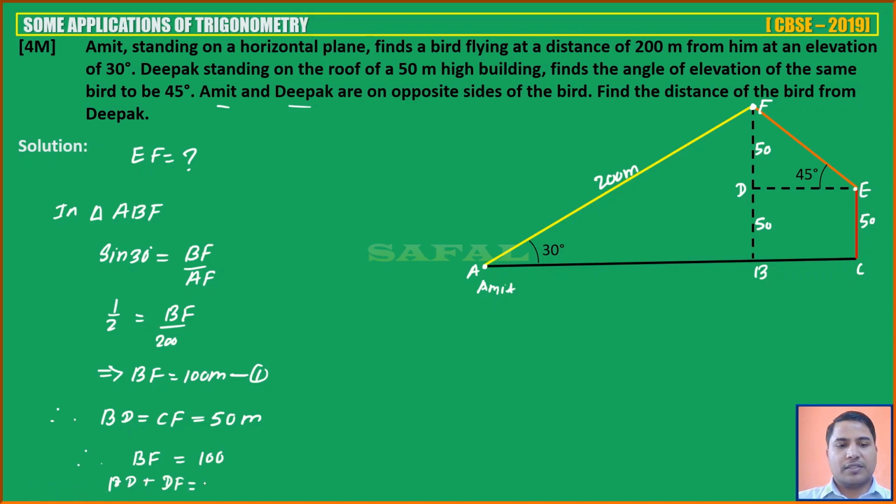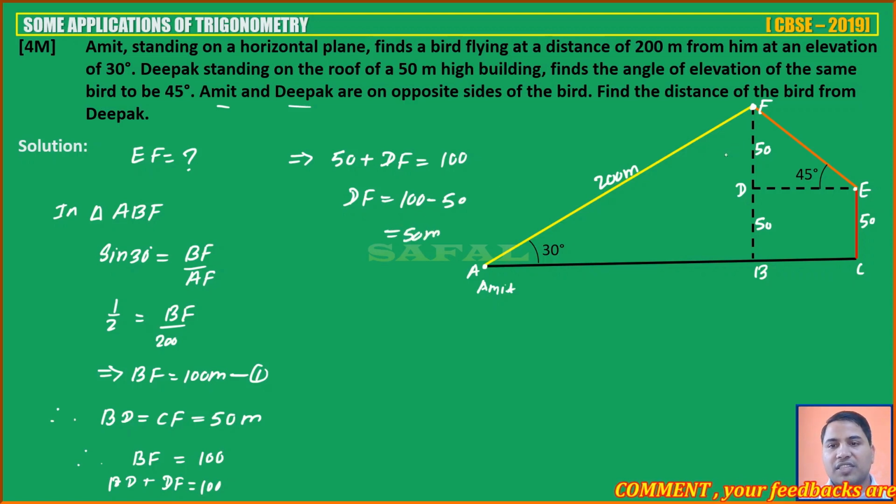So this is 100, and BD we can substitute here: 50 plus DF equals 100. Because the solution we need to write, right? Simply I cannot write with the help of the diagram. So DF is 100 minus 50, so that's going to be 50 meter.